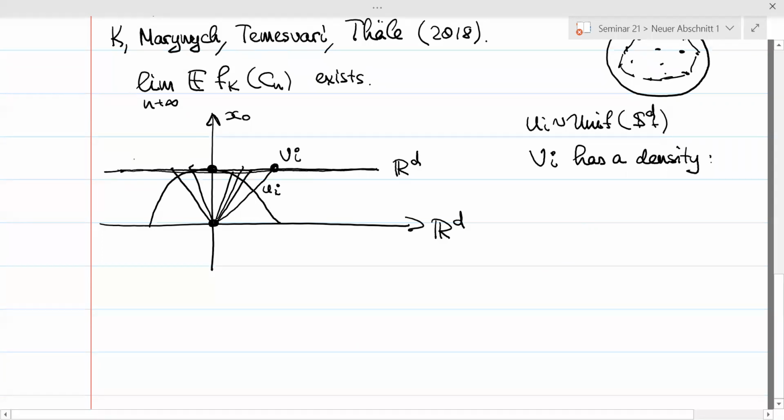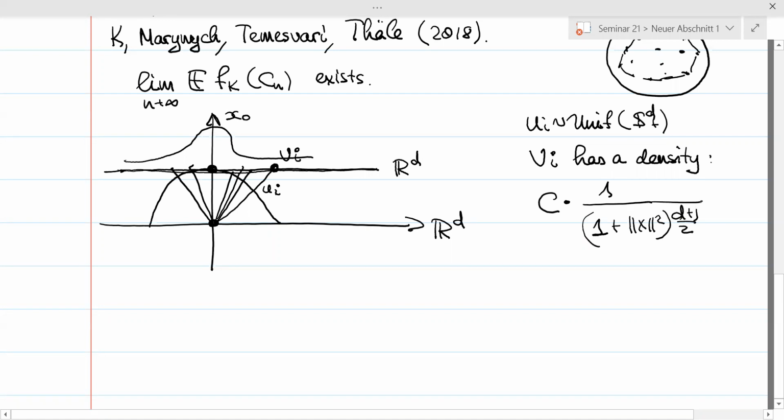And in d dimensions you get a d-dimensional version of Cauchy. Namely, the density is some constant divided by 1 plus the squared norm of x, to the power (d+1)/2. So if d is equal to 2, you don't get Cauchy.